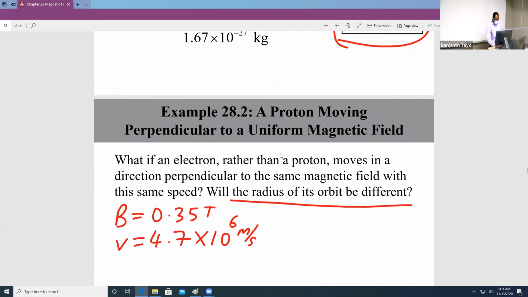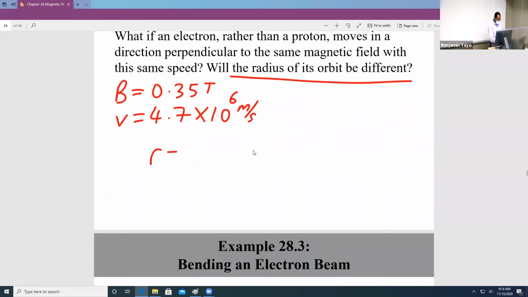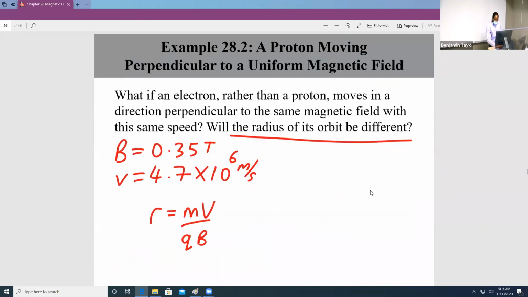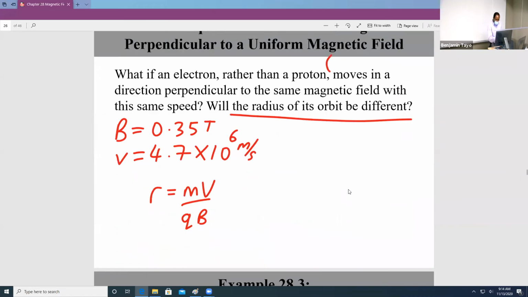We go back and use this equation. So R is equal to m. So remember that for a proton, the radius was equal to 14 centimeters. So we saw that for a proton, the radius was 14 centimeters. This was for the proton. Now, if I use this equation for an electron, all that changes is the mass of an electron.